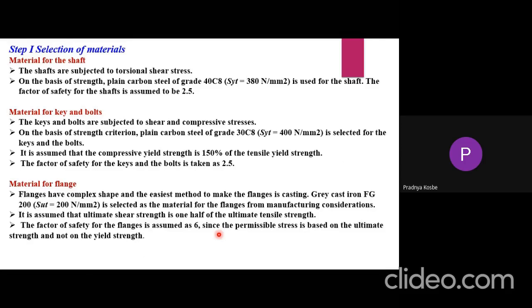So the factor of safety is higher in the case of the flange as compared to the shaft, key and bolts. So it is 6 as the design is based on ultimate tensile strength, not on yield strength.